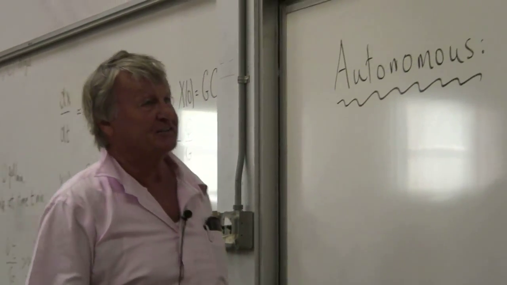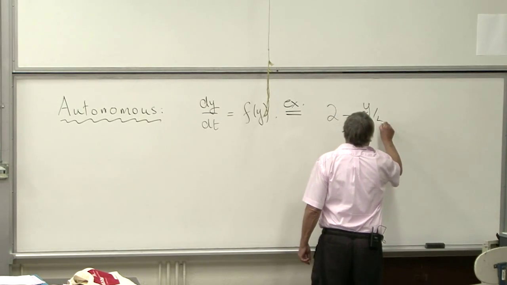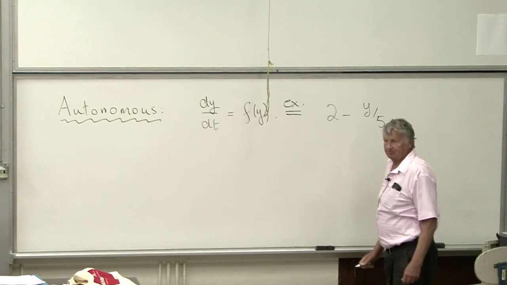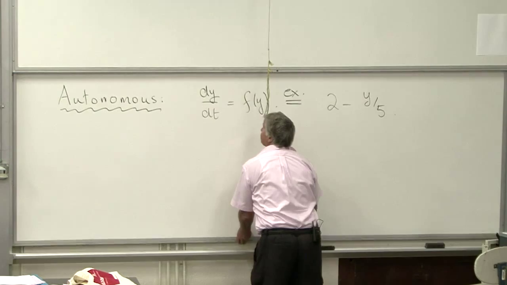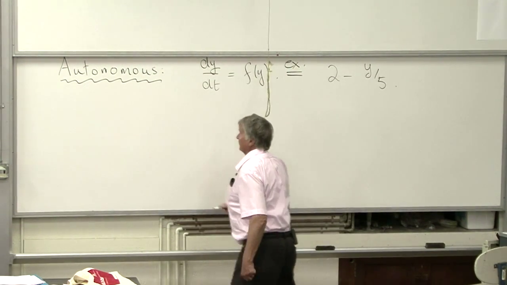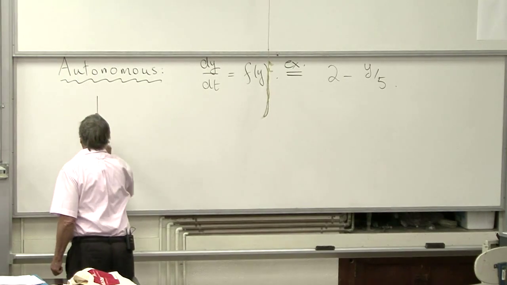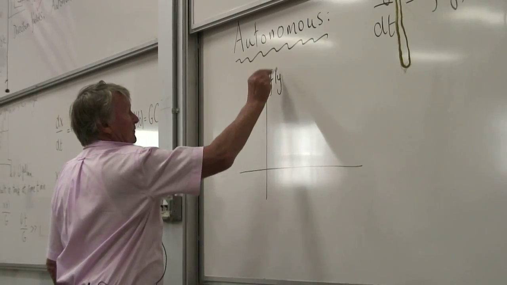Okay, so it's 2 minus y over 5. So what I'm going to do is, first of all, just draw the graph of this f of y versus y.